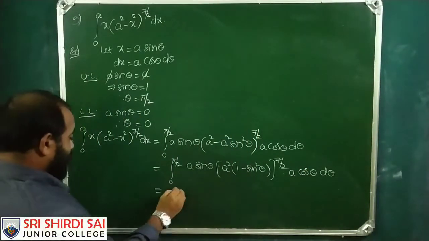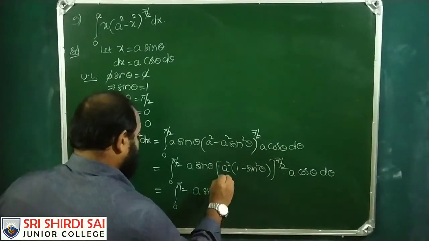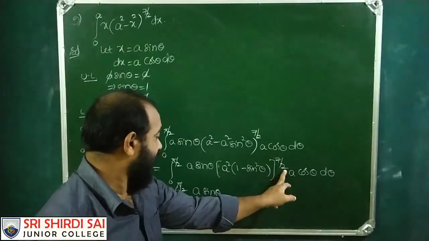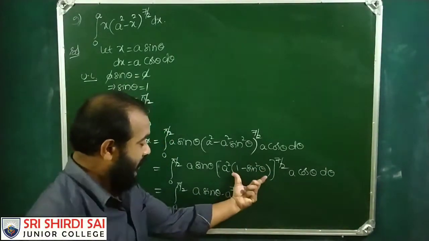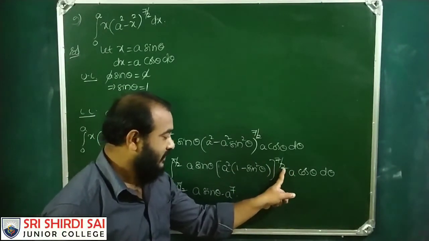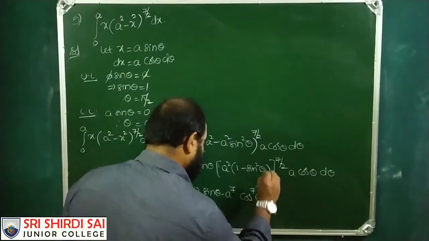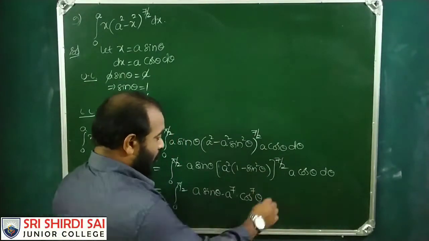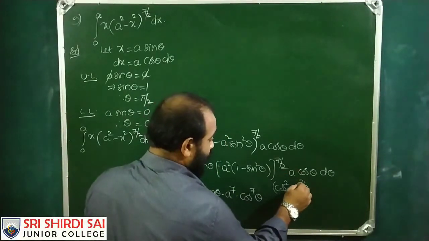This is equal to the integral from 0 to pi by 2 of a sin theta, (a square) whole power 7 by 2, the square and root will be cancelled, so a power 7, into (1 minus sin square theta is cos square theta) whole power 7 by 2, square and root will be cancelled, this is cos power 7 theta. The 2 gets cancelled.